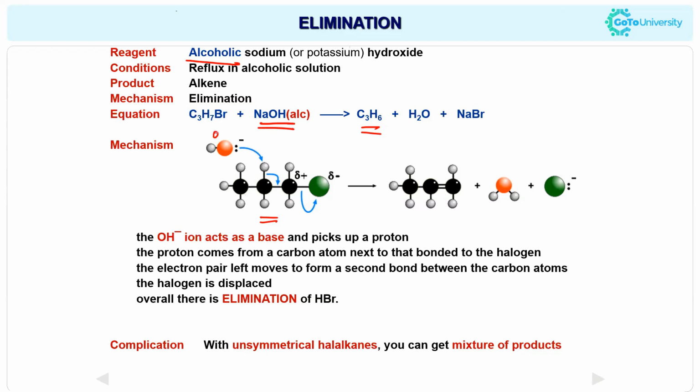Here also we have the OH minus ion produced from the potassium or sodium hydroxide. This OH minus ion will abstract H plus ions. Why OH minus ion? I will write the proper one. That is, here we have an alcohol.